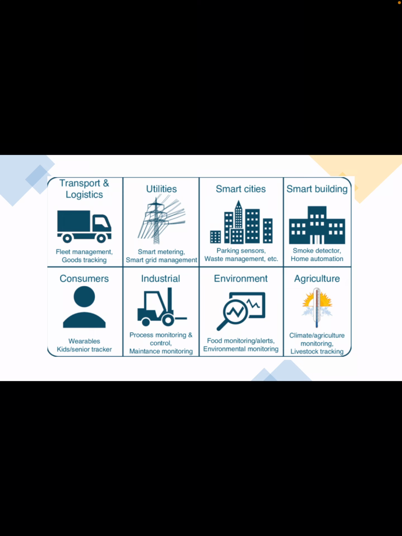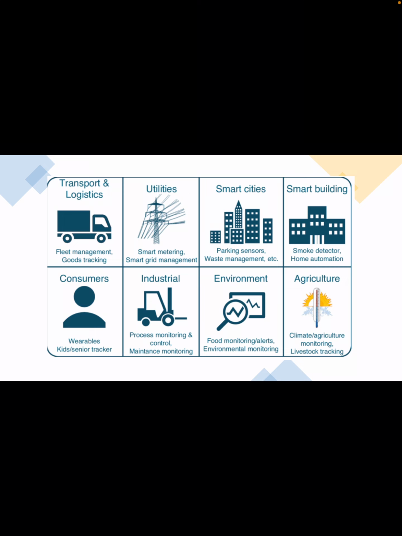In consumers, it can be used as wearables for kids and senior trackers, and in industrial, it can be used for process monitoring and control and maintenance monitoring. In environment, it can be used in food monitoring, alerts, and environmental monitoring. In agriculture, it can be used in climate and agriculture monitoring and livestock tracking.